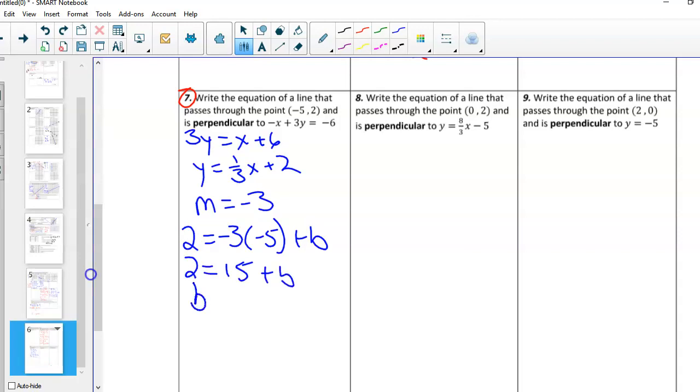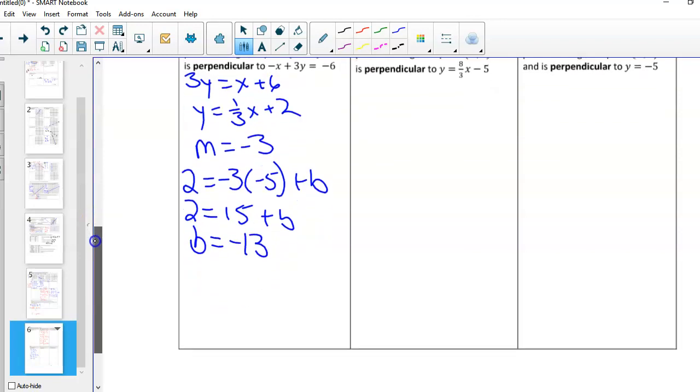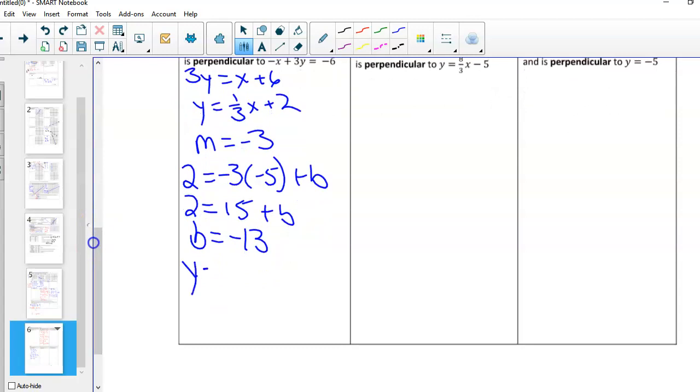What is b? -13. So what is our equation? Correct. So you are putting your new slope in, not your original, with your new y-intercept, not your original.